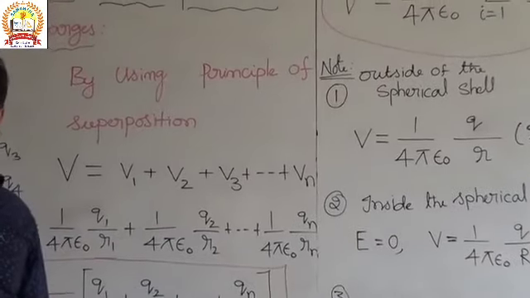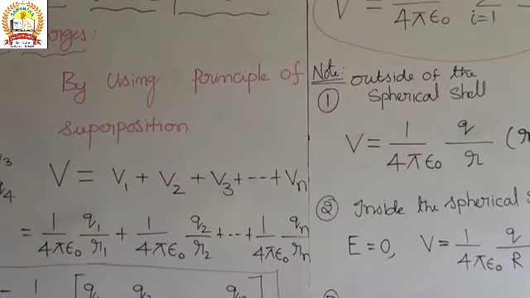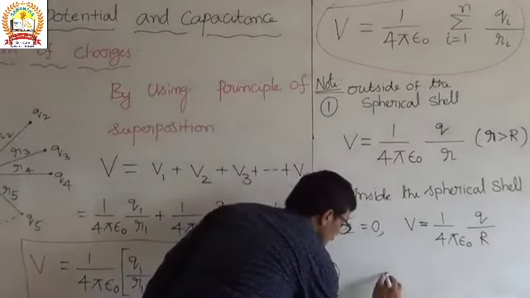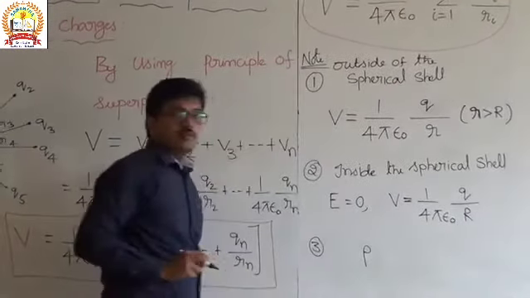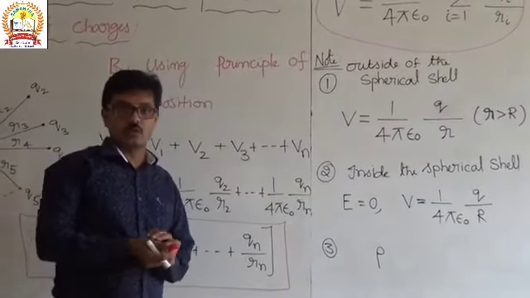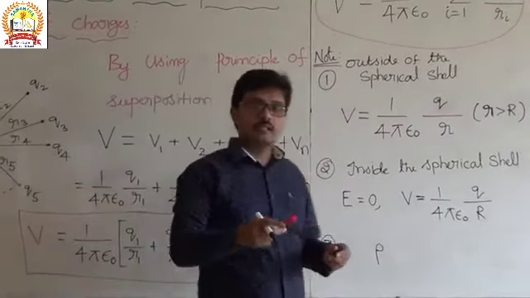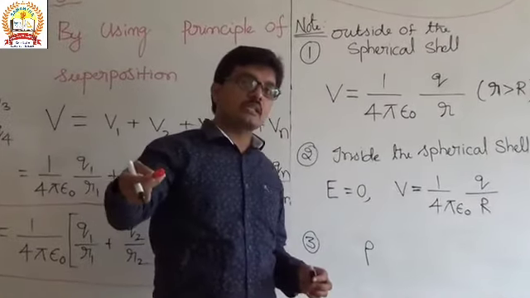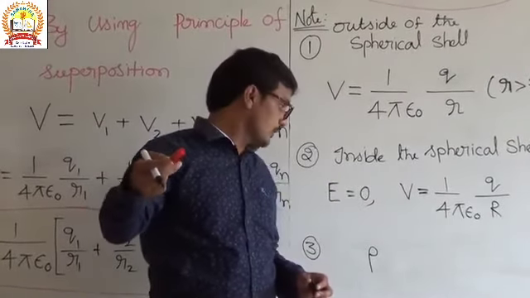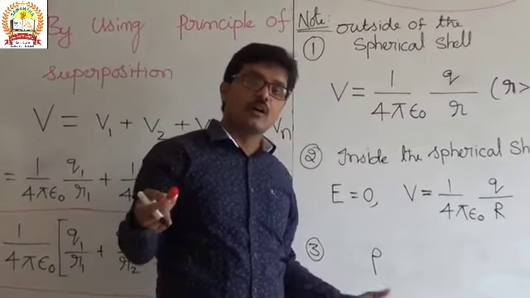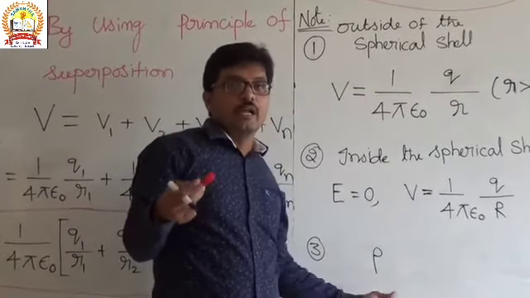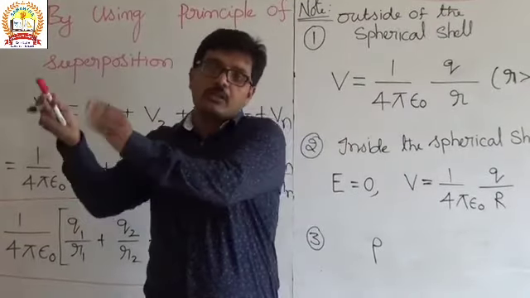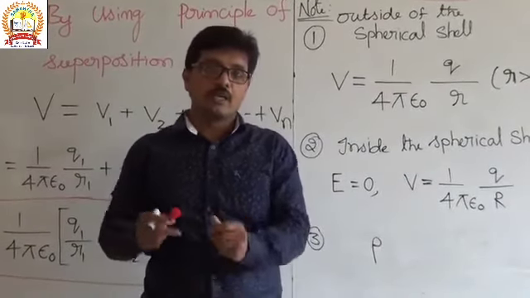of volume density rho. Here I am using the symbol rho for volume charge density. We want to find the potential due to a continuous charge distribution of volume density rho, and to get that we will divide it into a large number of small volume elements.